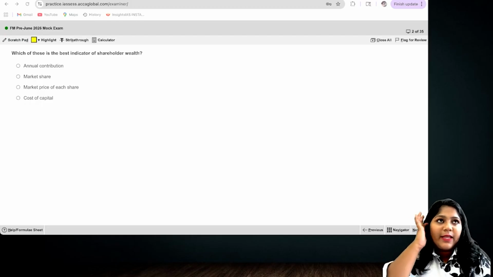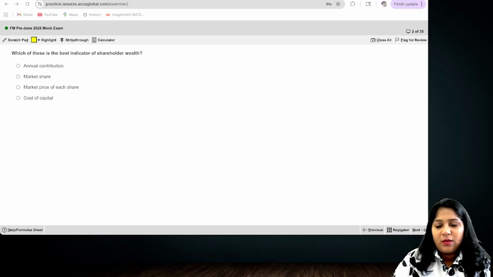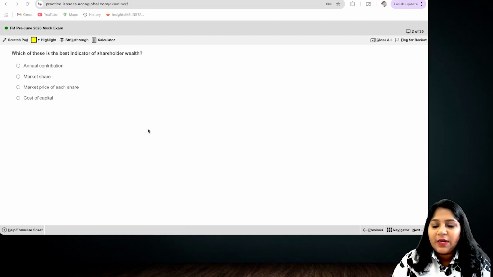So we all think, ma'am, annual contribution or market share or maybe cost of capital. No, guys, the right answer for this question has to be simply the market price of each share.